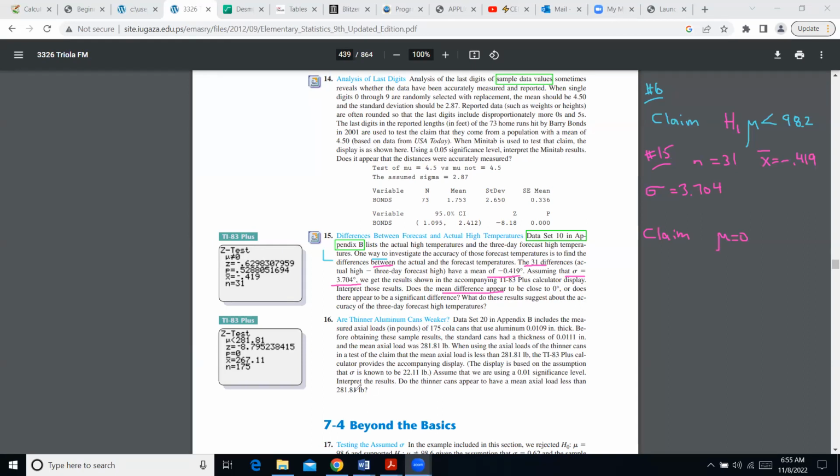And we have a good start by placing our claim in H index 0. And the opposite will be not equal, right? Because H0 must always be with an equal sign, so not equal, which is either less than or greater than, would be less than 0 or greater than 0. That's our H index 1.